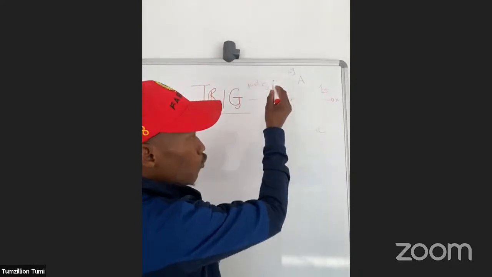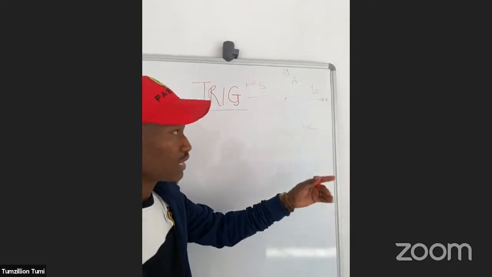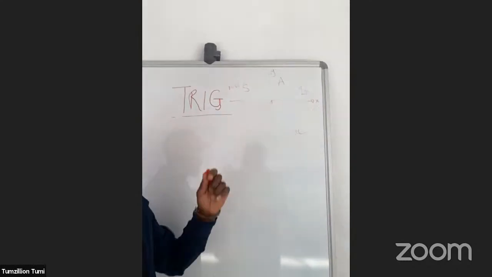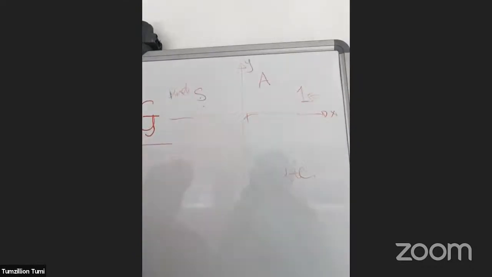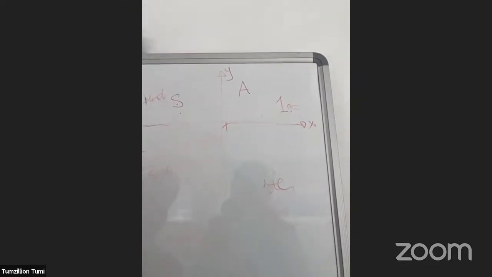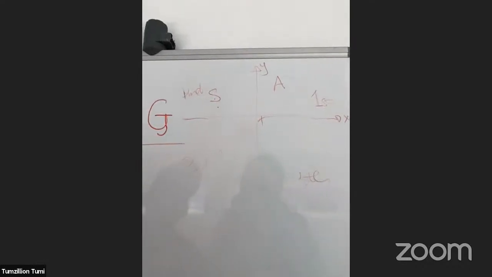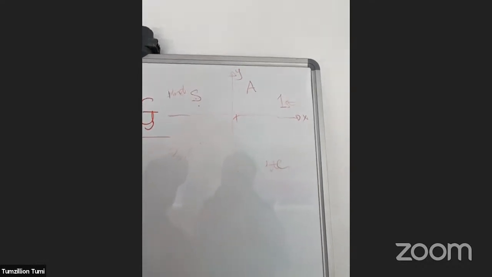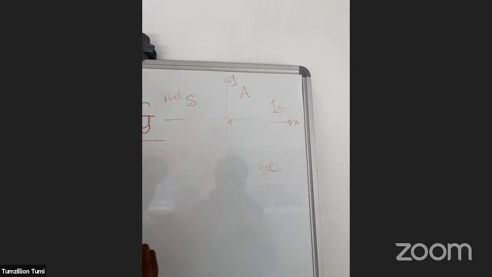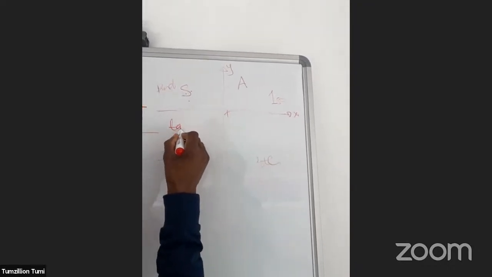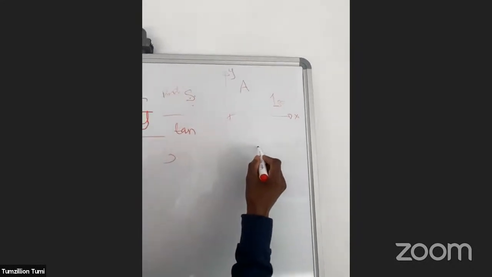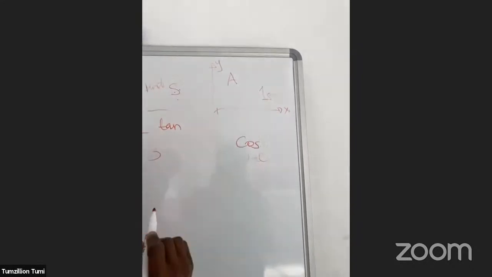So only sine, and of course its inverse. What is the inverse of sine? Cosec, not cosine, cosec. So sine and cosec are positive. Third quadrant, the tangent and its inverse are positive. Fourth quadrant, the cos and its inverse are positive.